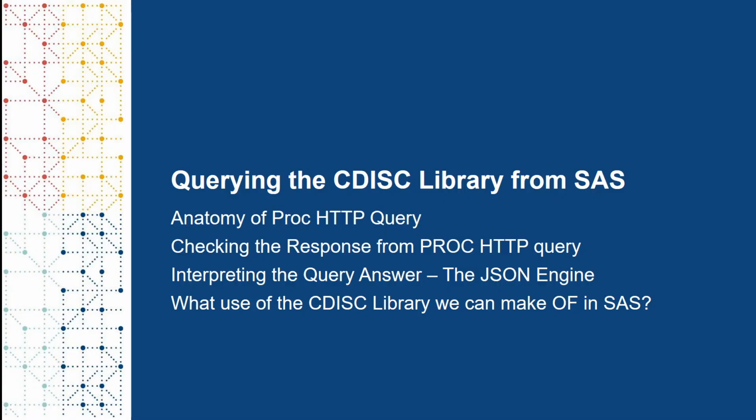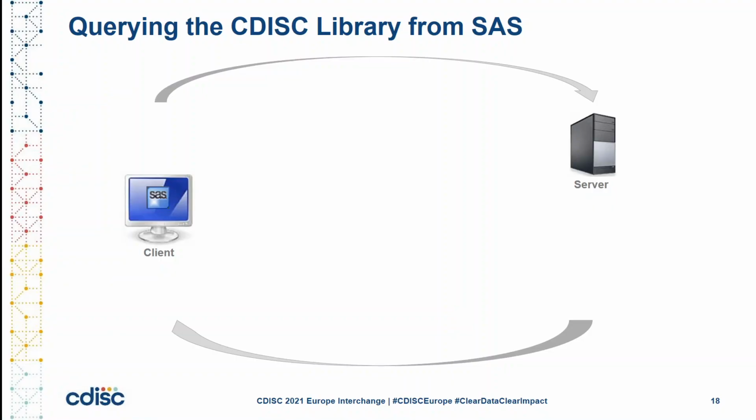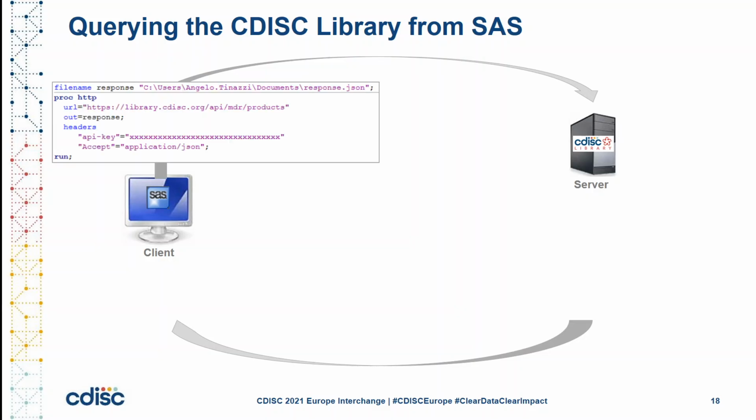Finally, let us see how we can access the library from SAS. So SAS is our client from which we want to access the CDISC library, the server. The SAS PROC HTTP is one of the ways to query an API from SAS by sending a request to the API, in our case the CDISC library API, at the CDISC library address.